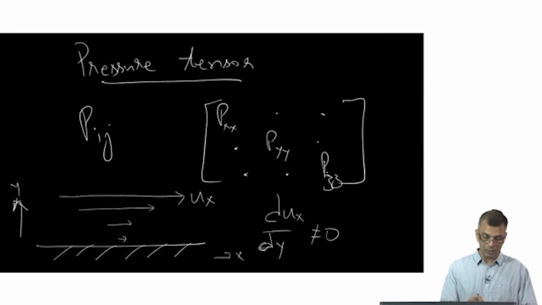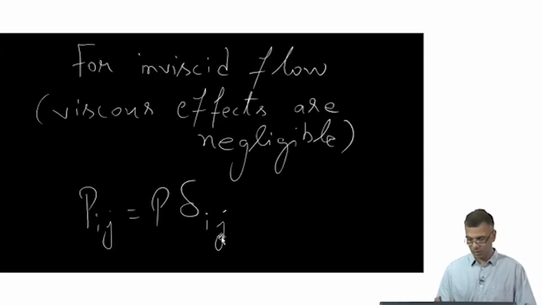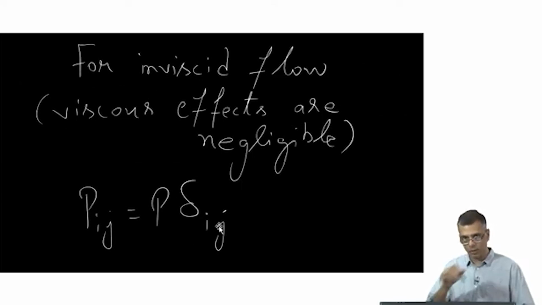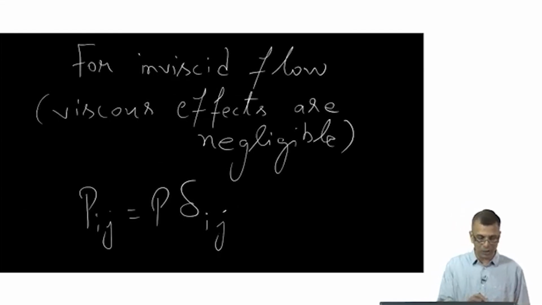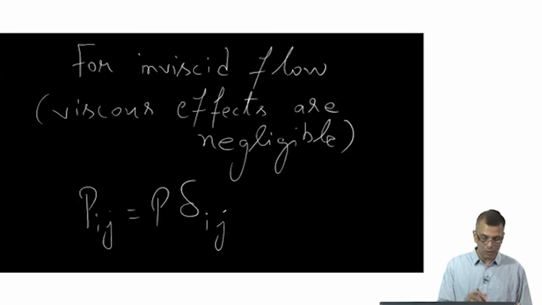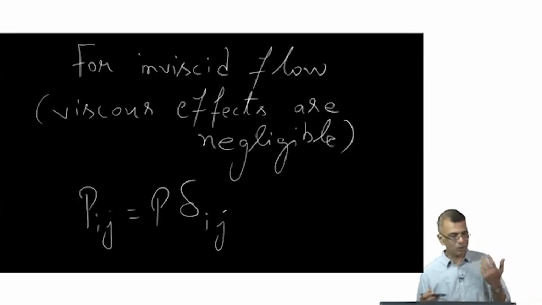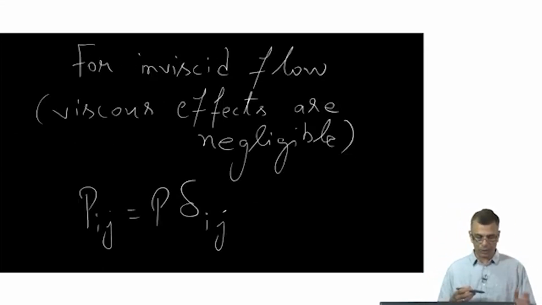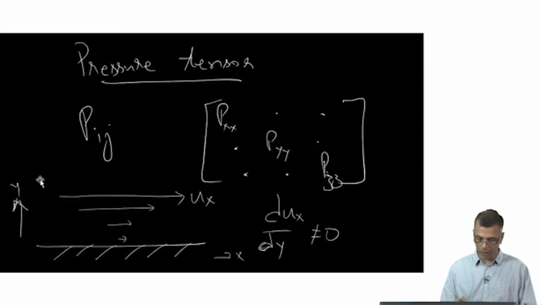The delta is 1 only when i is equal to j, in other words only along the diagonal, and when i is not equal to j, as is the case for this element, this element, and so on, the off diagonal elements are simply 0. So this is a situation which represents an inviscid fluid.